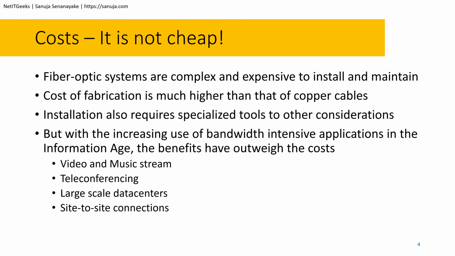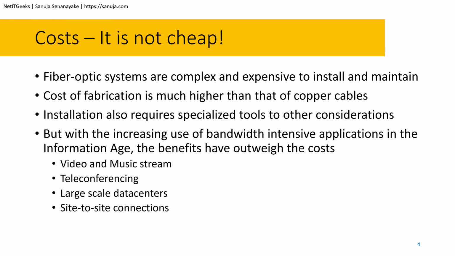The cost associated with fiber optic communication cables is pretty high. Compared to fiber optic cables that we use today, even the highest grade copper cables are probably twice or even sometimes three times cheaper.